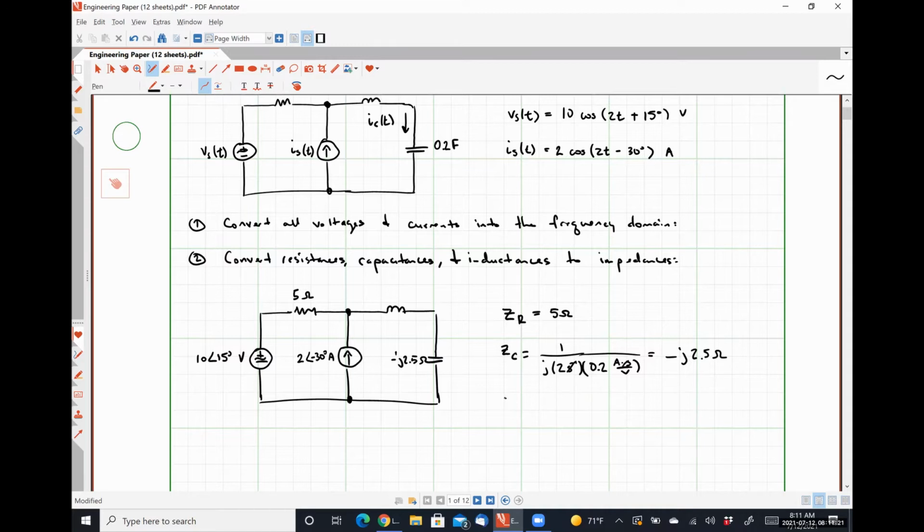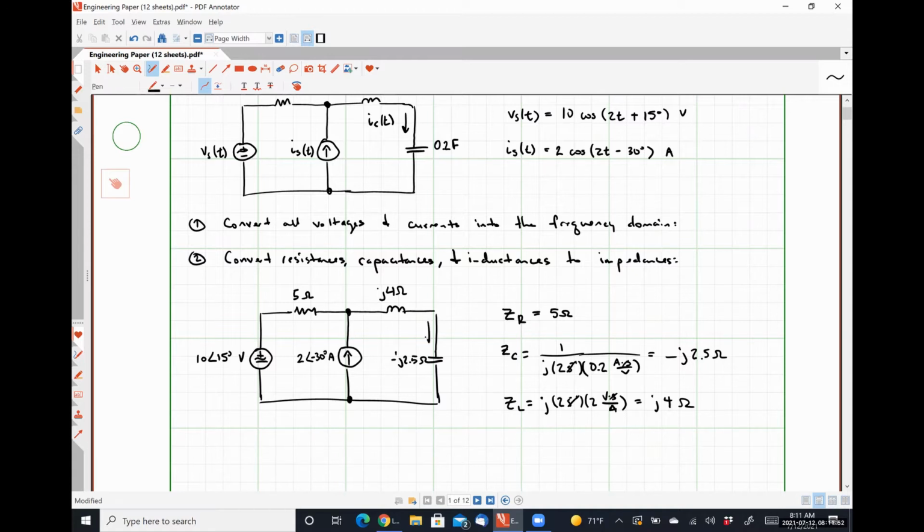And finally, converting our inductance, that is j times omega times L, where a Henry is a volt second per amp. So the per seconds cancels the seconds. We have 2 times 2, so that looks like j 4 ohms.